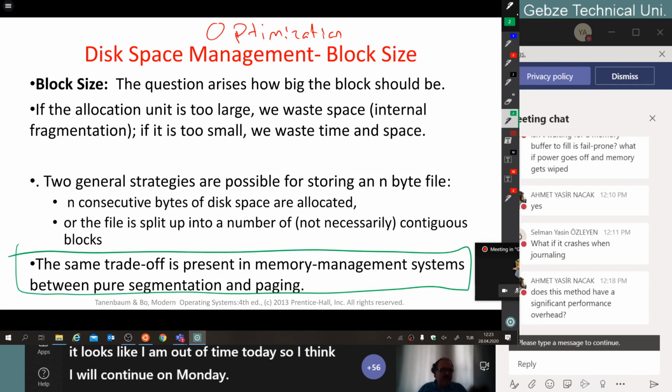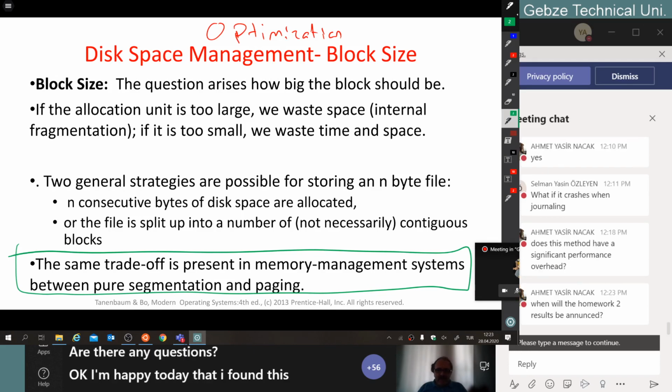Okay, that's it for today, if there are no questions. Are there any questions? Okay, I'm happy today that I found this solution to the staggering and the interruptions and the synchronization problem at the same time. Thank you, Mustafa.